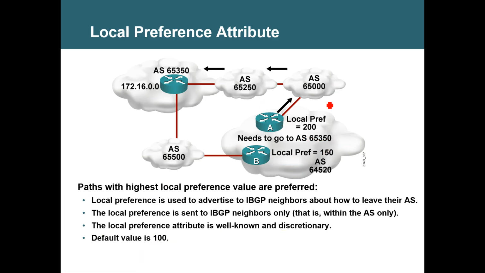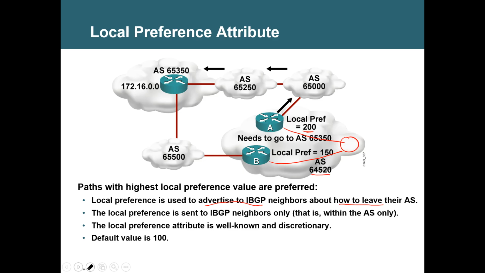For example, in this example here, A has got local preference 200. This information will be advertised to every router inside the 64520, so that all the routers in this autonomous system will know how to leave the autonomous system. C router will decide to go this way. Which way?